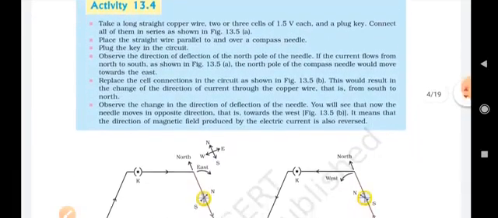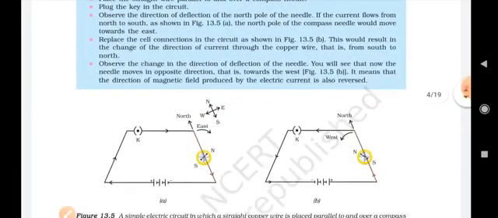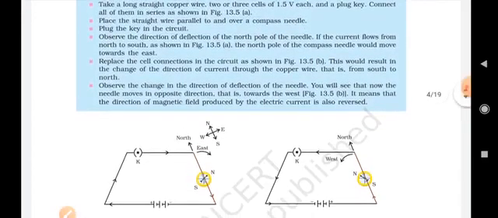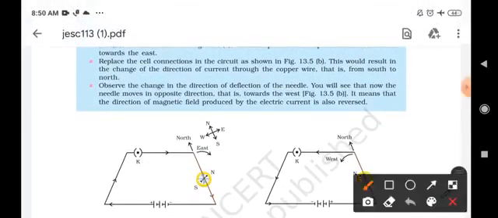As you can see here in the figure, in the first one, A, we have taken a long straight copper wire, students, and to the copper wire a battery of 3 cells of 0.5 volt each is connected, and a key is also inserted.